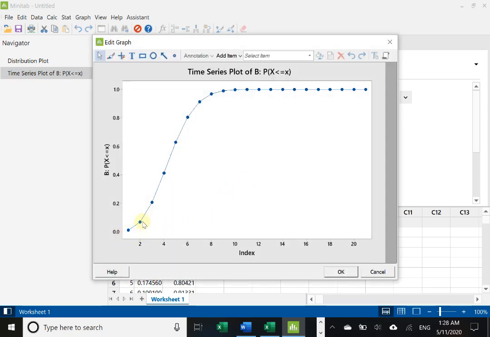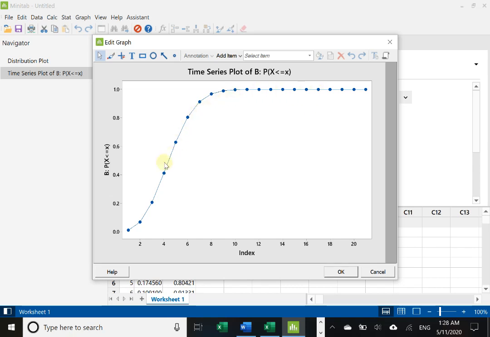So notice the reason this rises is because we are accumulating probability as we go from 2 to 3, 4, 5, 6, 7, 8, 9, 10, all the way to 20. So cumulative distribution functions generally have that S shape to it. See? The letter S.